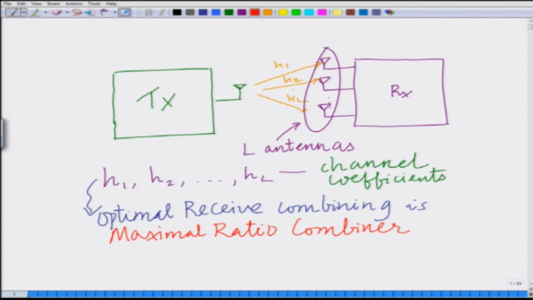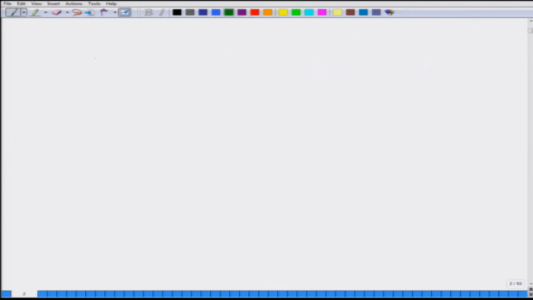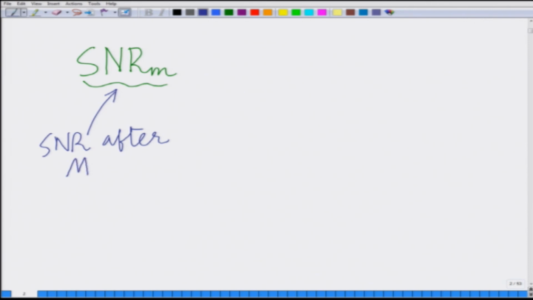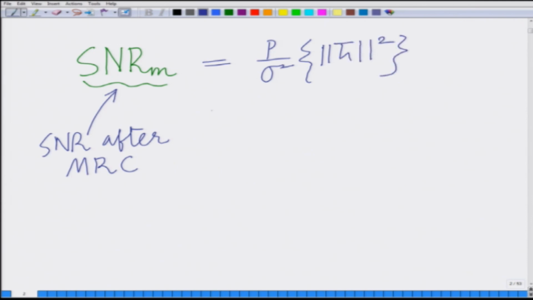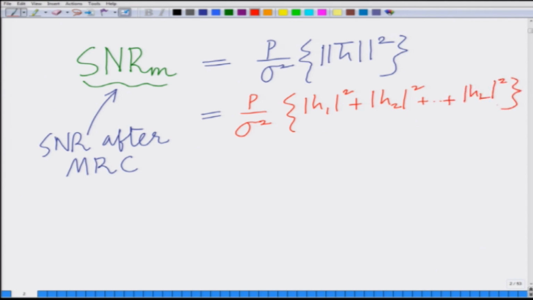combiner. Further, we saw that the SNR after maximal ratio combining, that is, if I denote this by the SNR after MRC or maximal ratio combining, is given as P over sigma square times norm of H bar square, which is equal to P over sigma square times magnitude of H1 square plus magnitude of H2 square plus so on until magnitude of HL square.